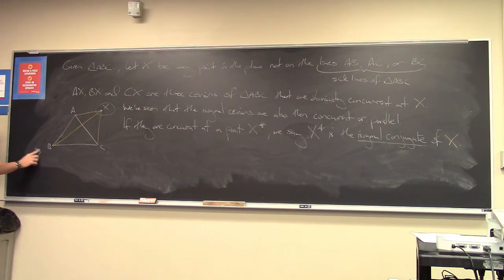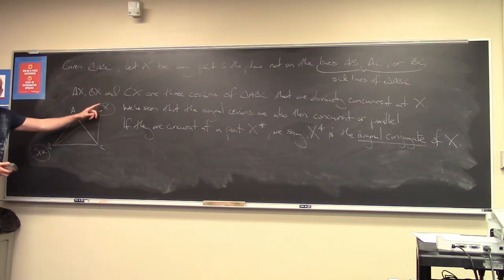We'll talk about this next time, exactly where the isogonal conjugates live, but if I take the three isogonal Cevians, they're going to be concurrent at some point, if they're not parallel, and that point is the isogonal conjugate of the original. So there's the definition.